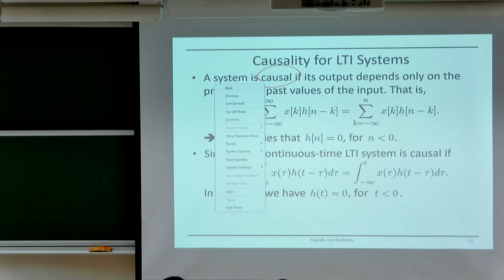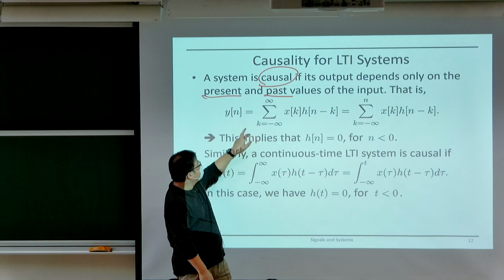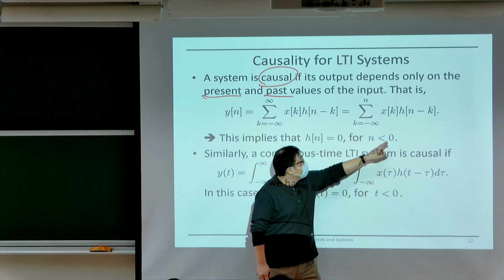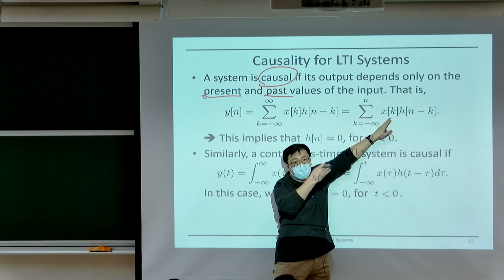Now, if the output depends only on the present and past values, this means that the summation can go up to only n, because for a causal system, the output at time n can only depend on x of k for k on or before time n.